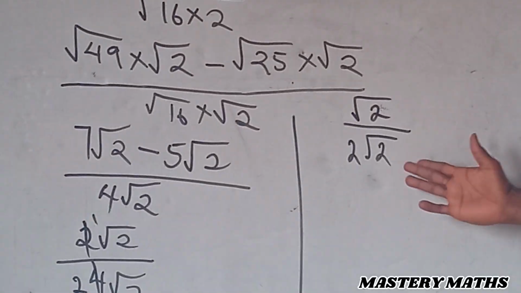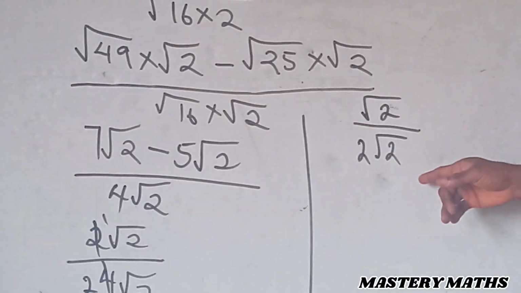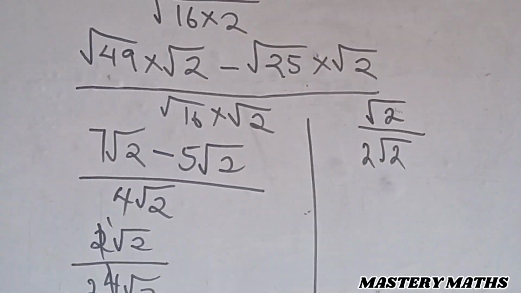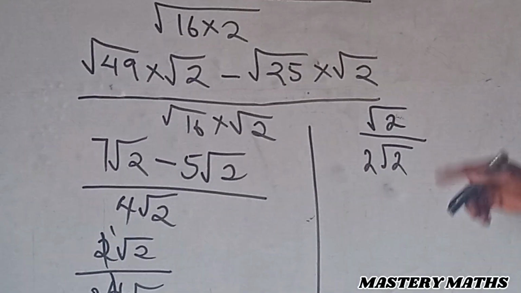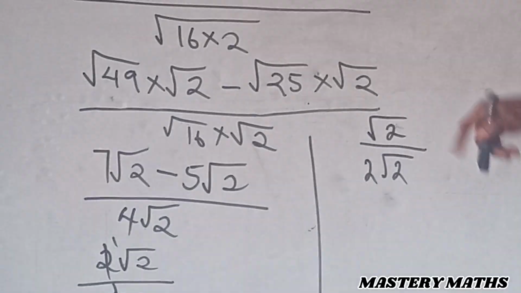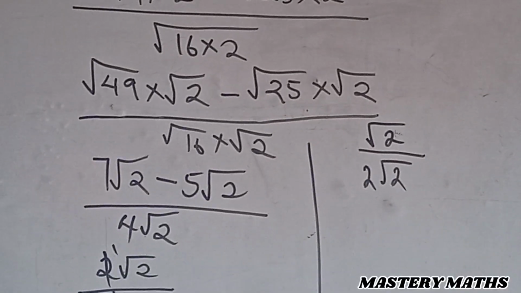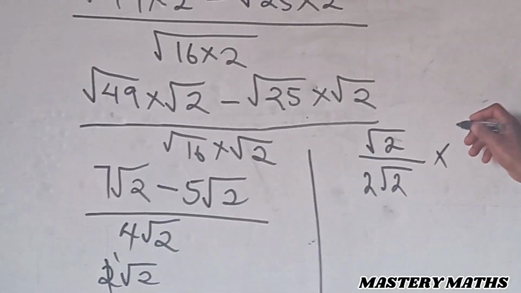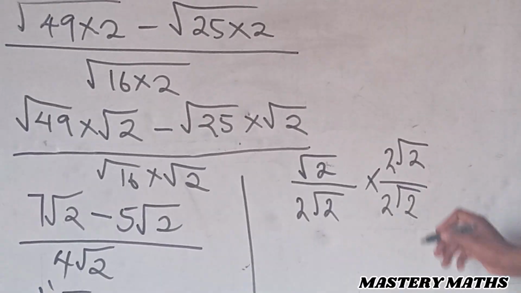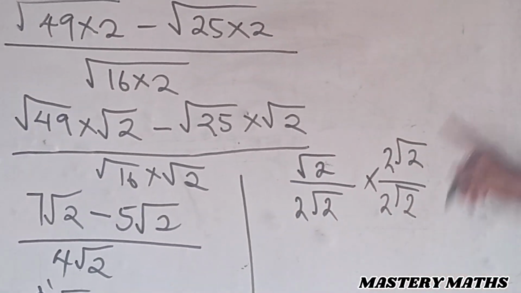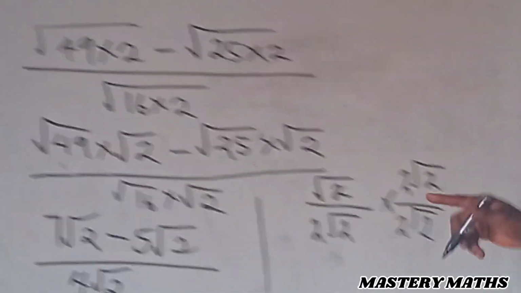Now, we don't stop here because this can be rationalized. How do you rationalize it? You use the denominator to rationalize, and it also affects the numerator. So let's rationalize. We rationalize by saying times root 2 over root 2, using the denominator to rationalize both sides. Now, after doing that, let's multiply.